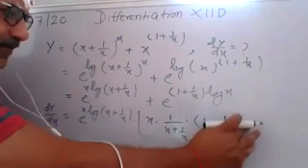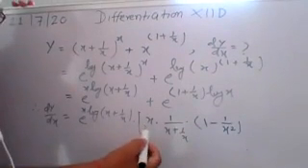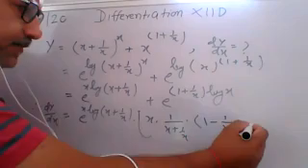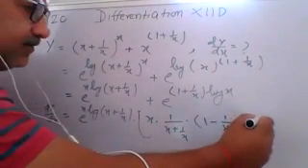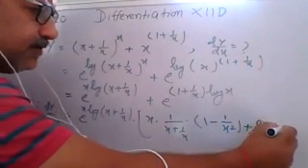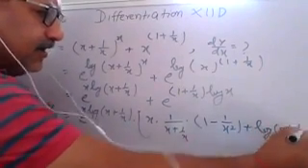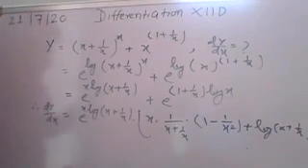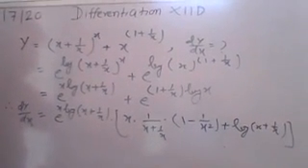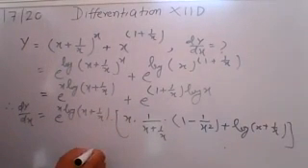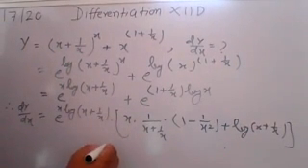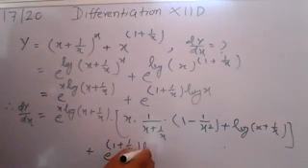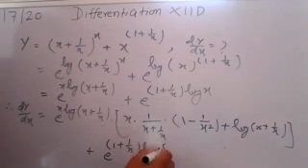So in this way you have first function into differentiation of second, plus second function, log of (x plus 1 upon x), into differentiation of first, which is 1. In the same way, take the second term: plus e to the power (1 plus 1 upon x) into the derivative of (1 plus 1 upon x) log x.